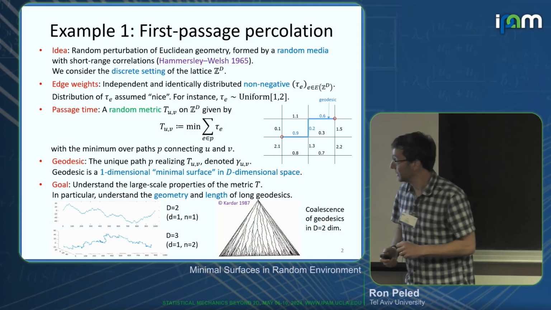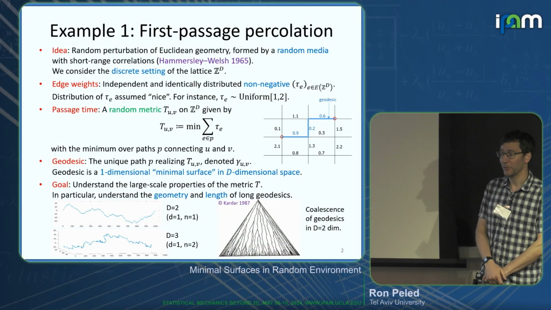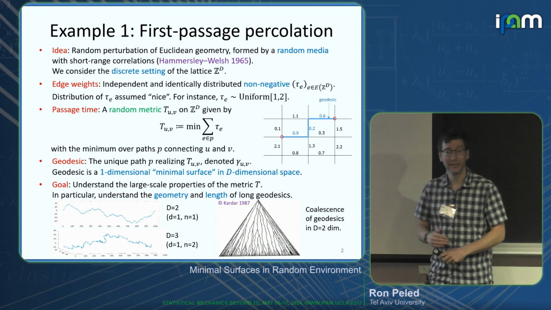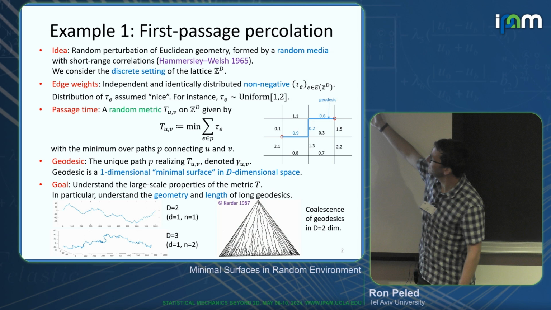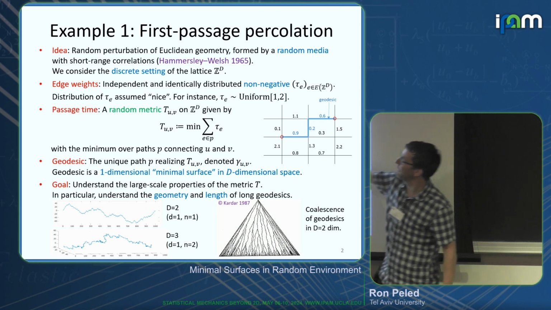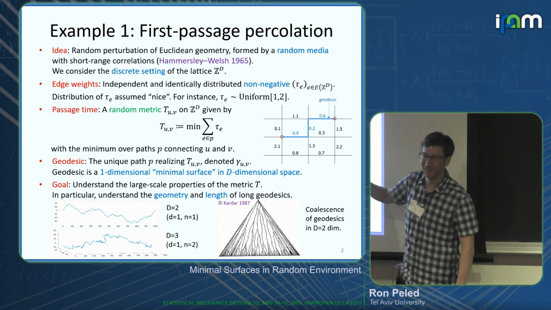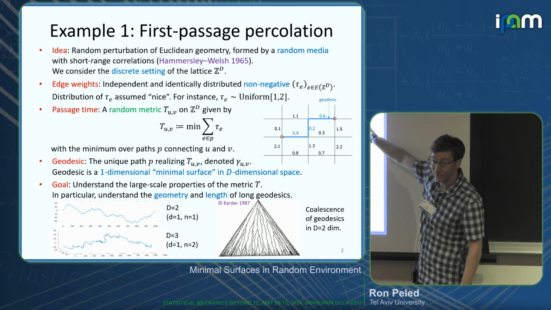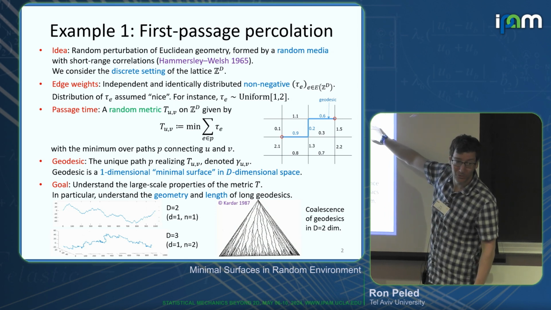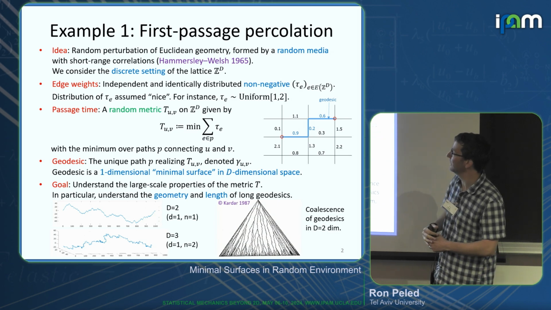Let me just remind you, in this model of first passage percolation, Alan discussed an integrable version, I discuss a general version. You have the Z^D lattice. It is Z capital D because that's the ambient dimension. To each edge there is associated a positive number, the weight of that edge.